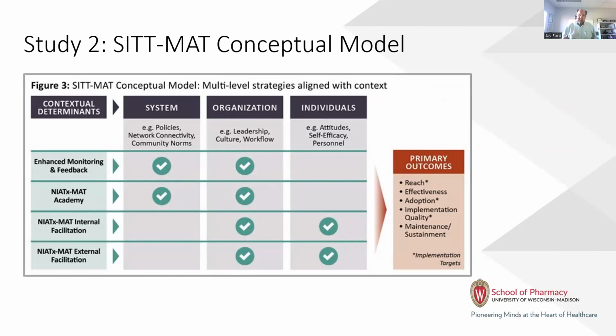And organizations, I'll show you in a minute, are exposed to these, but our strategies are not only addressing the system level, they're also addressing organizational and individual level attributes that are all focused on primary outcomes associated with reach, adoption, effectiveness, implementation, quality, maintenance. And those of you that are familiar with D&I research will recognize this as the RE-AIM framework. So we've integrated these strategies with the RE-AIM framework.